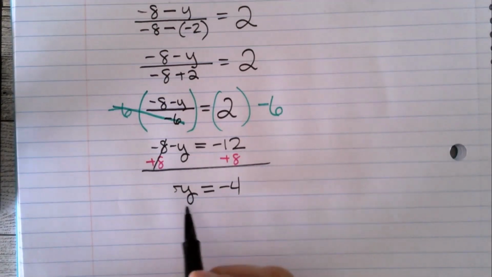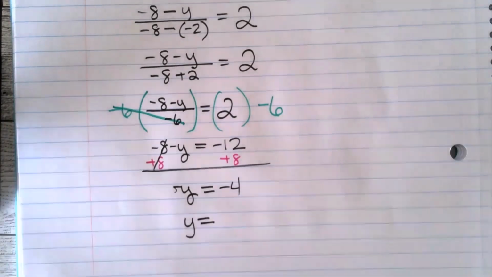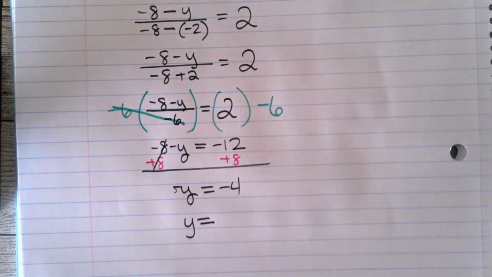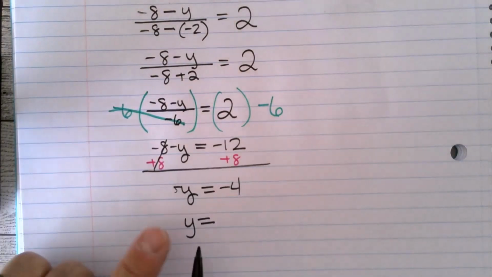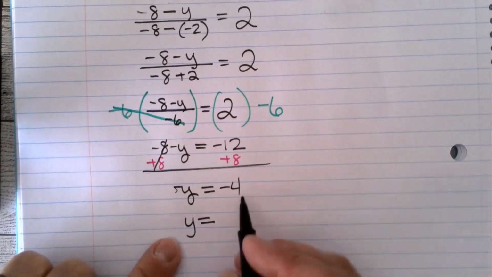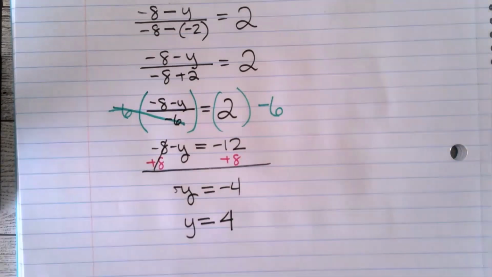They didn't ask us to find negative y, they asked us to find positive y. You can do this with math, like you can multiply both sides by -1 or divide both sides by -1, and other teachers may have done that. I think it just makes more sense to use common sense. If negative y equals -4, then positive y equals positive 4. And we are done. And that's what we got when we graphed it.